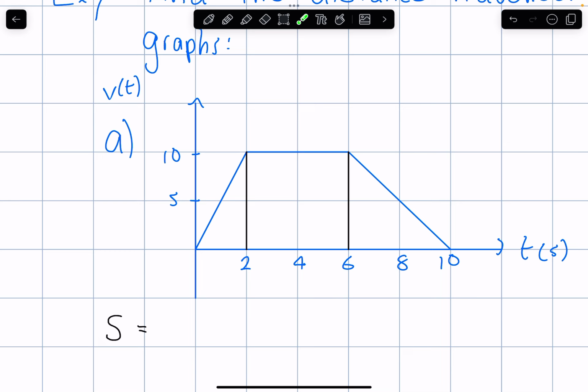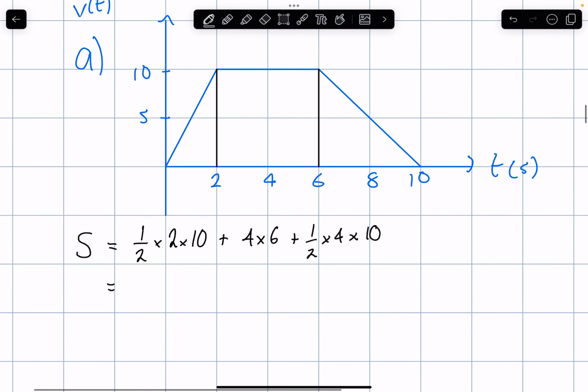This first one is a triangle, which is 1/2 times the base, which is 2, times the height, which is 10, plus 4 times 10 for the rectangle, plus 1/2 times 4 times 10 for that last triangle. So we've got 10 plus 40 plus 20, which is going to be 70 units squared.